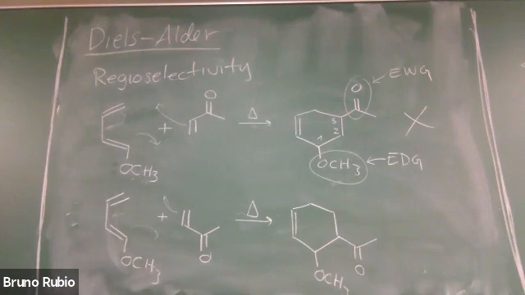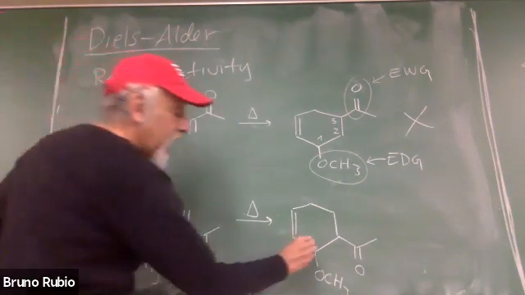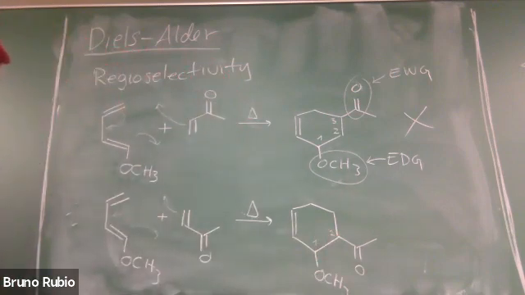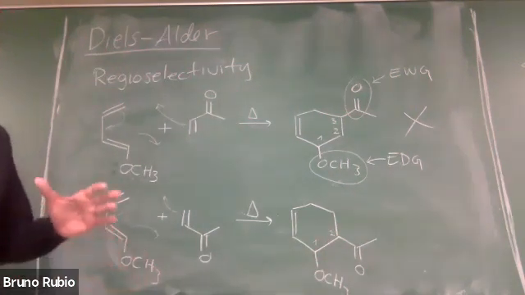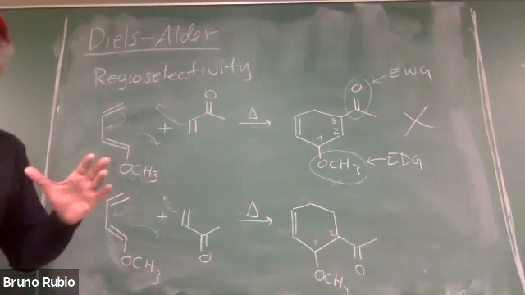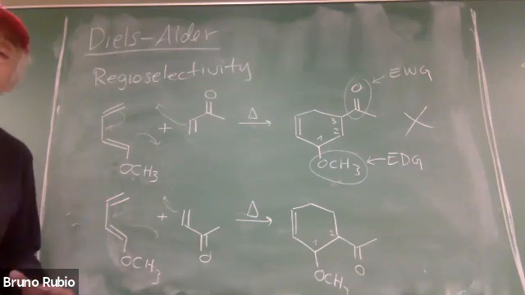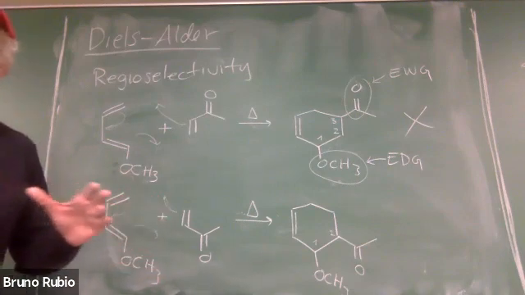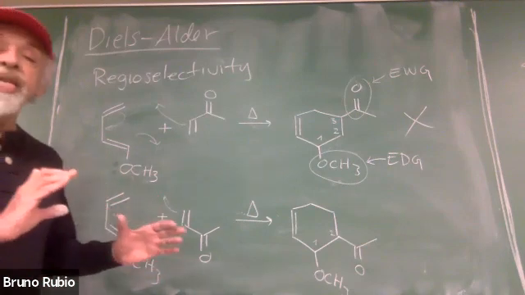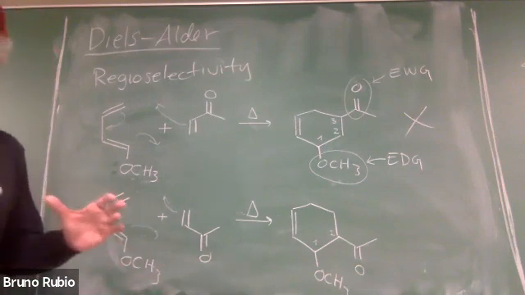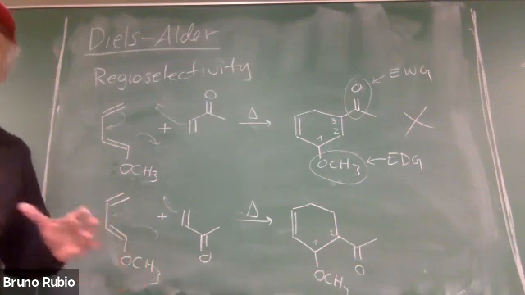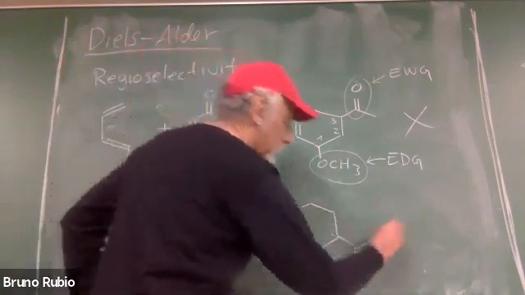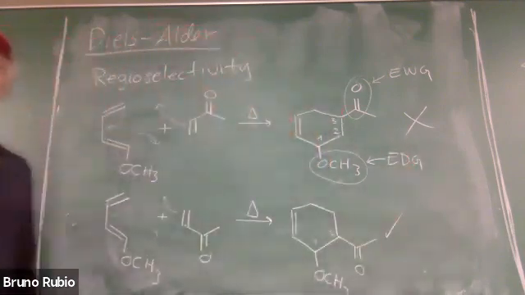That product is not observed. This one has a 1,2 orientation. What are we counting? We're counting the location of the electron donating group and the location of the electron withdrawing group in the product, and we are numbering the carbons in the new cyclohexene ring. So this is the 1,2 orientation, and that would be the product.